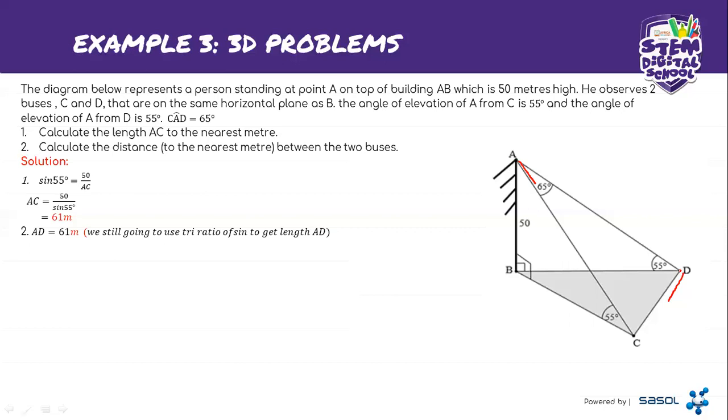Then we are now writing the formula for cosine. Why? Because now we have two sides and the angle which is between those two given sides, right? Then we're going to use the cosine rule to calculate that. Then what you have to do with this one is substitute.